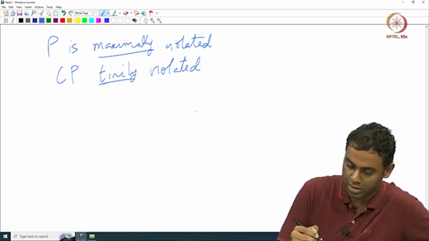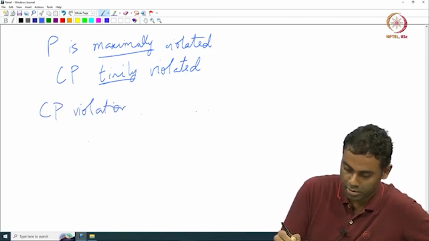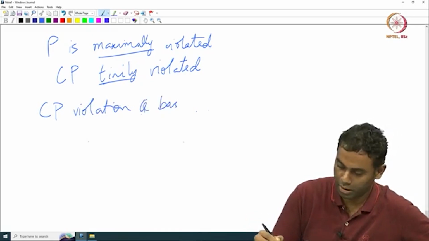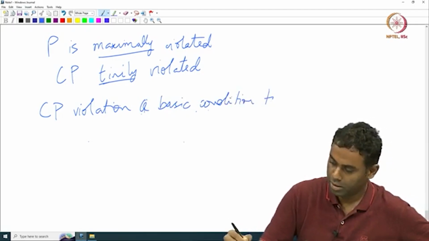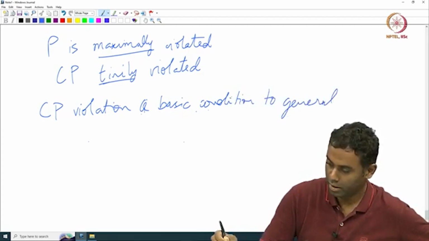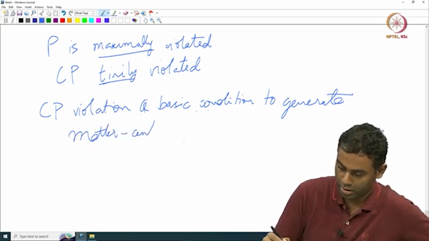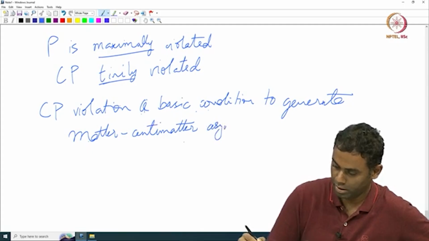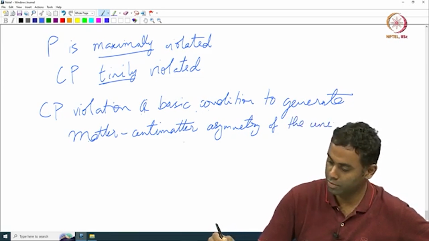Because it turns out that CP violation is a basic condition to generate the matter-antimatter asymmetry of the universe, which we talked about in the first lecture, correct?